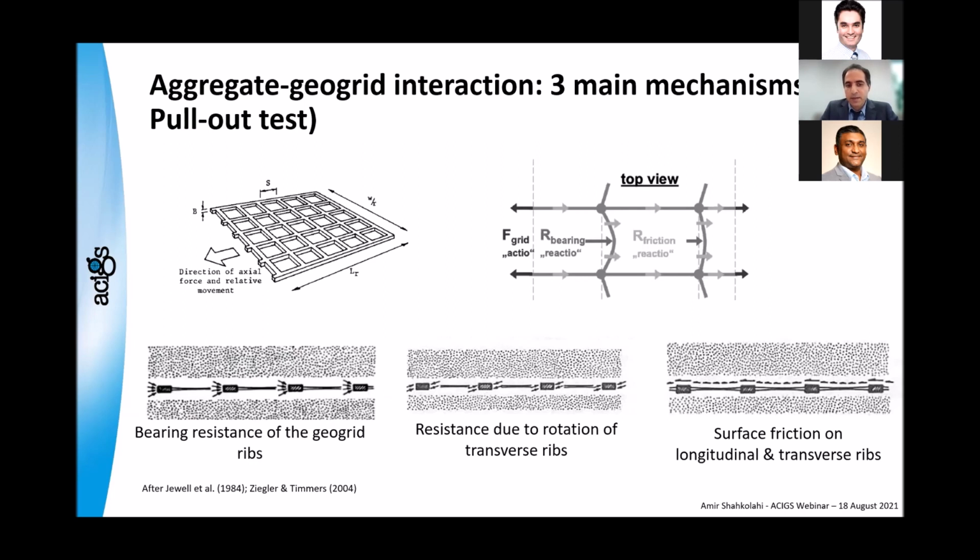It can be resistance due to rotation of the transverse ribs, and it can be surface friction on longitudinal and transverse ribs, as you can see. So all of them, some less, some more, depending on the geogrid, can be involved, and this can provide the interaction for us. This is very important.